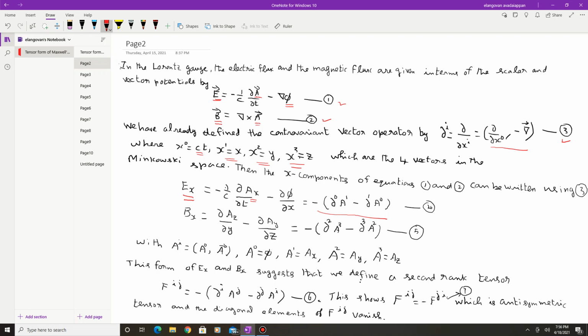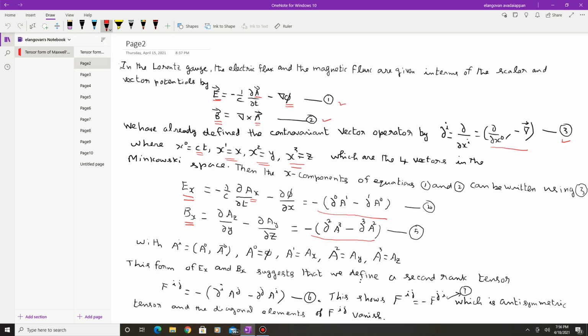Now similarly, the x component of equation 2: the x component of B is equal to the x component of curl A. The x component of curl A is partial dA_z by dy minus partial dA_y by dz. In terms of the operator, this is minus of partial d2 A3 minus partial d3 A2. So this is equation 5.